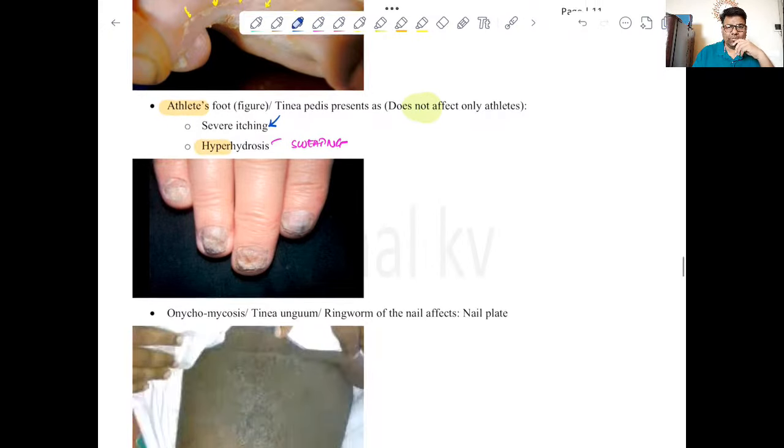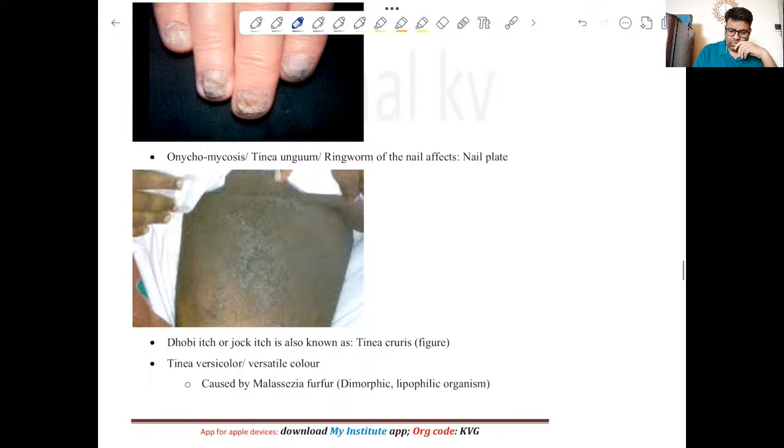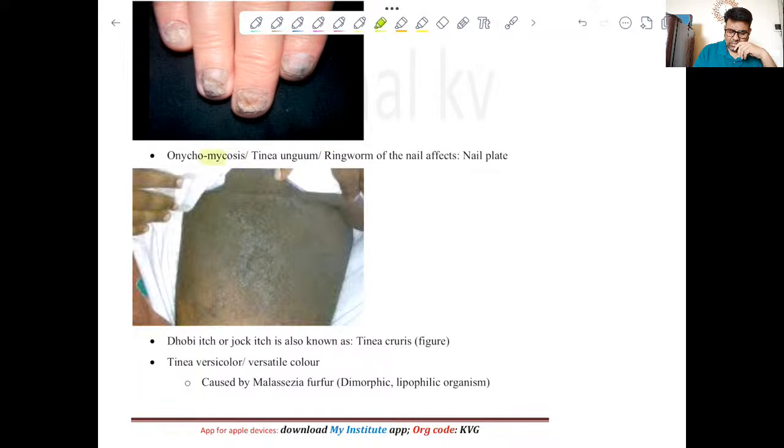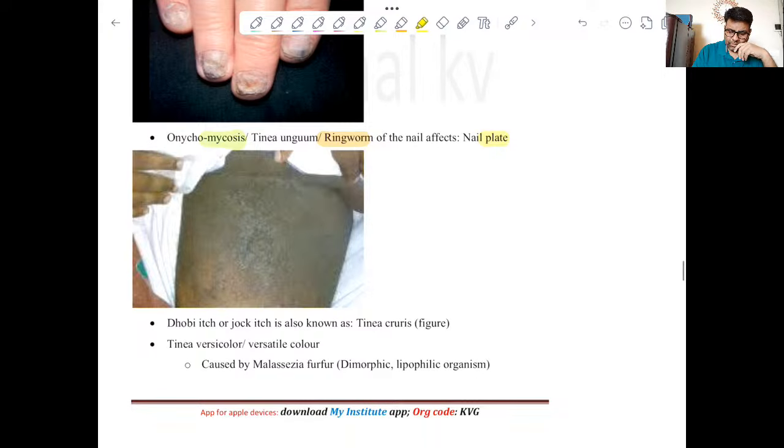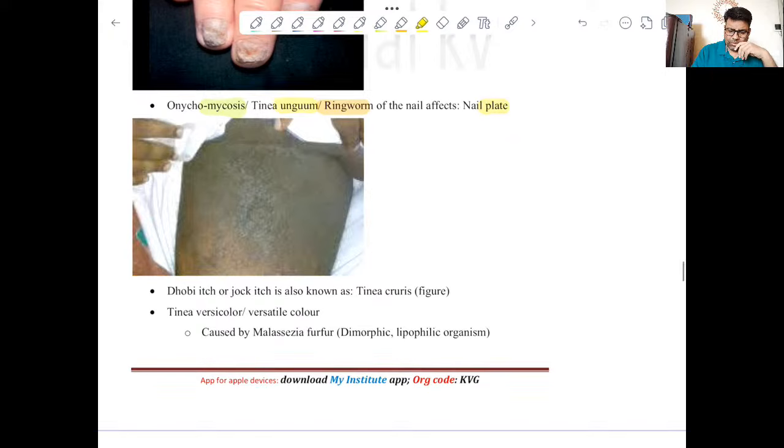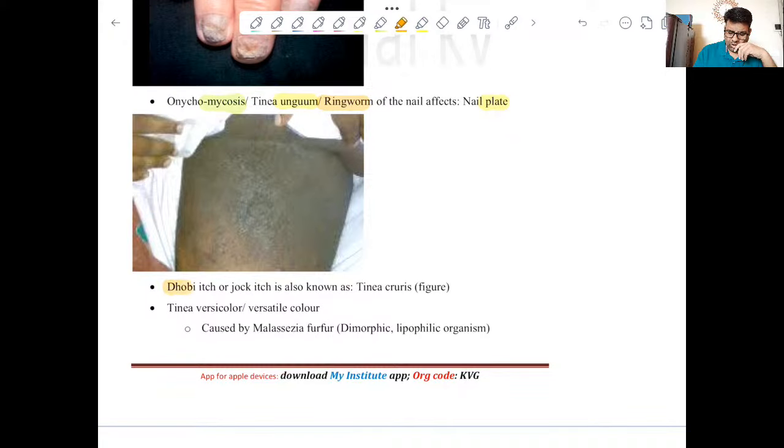Patient comes to us with severe itching. Then onychomycosis is tinea unguium, which is ringworm of the nail plate, right? So these are all the same entities, and this is fungal infection of the nail plate. So we can use different words. Then dhobi itch or jock itch is actually tinea cruris, affecting the medial upper thigh.